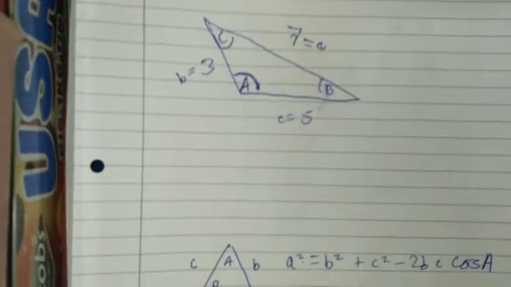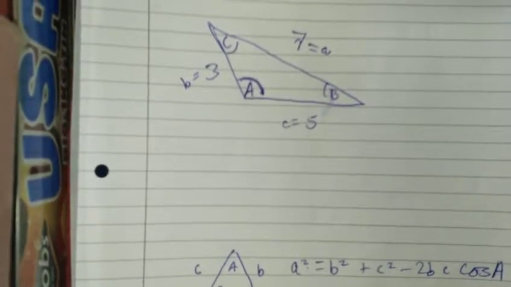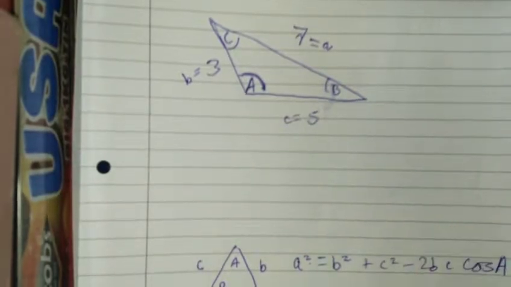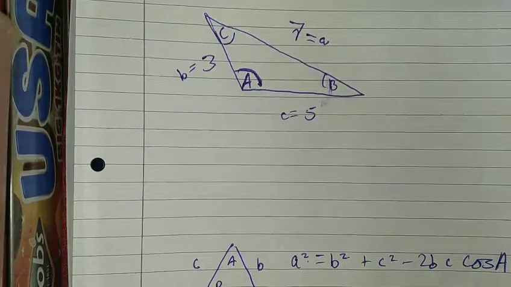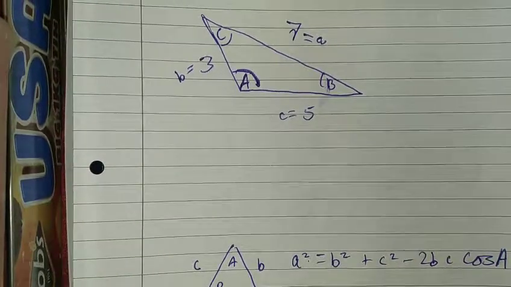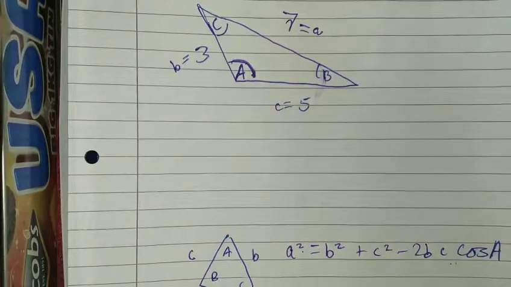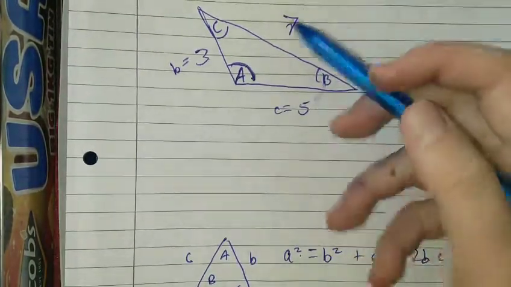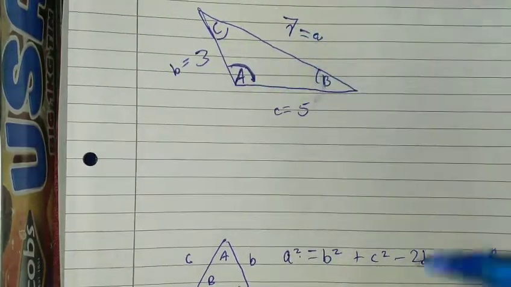So if we were to plug this into our formula, so the angle is what we want to figure out. We can rearrange this to get our angle in front, or we can just plug everything in and then rearrange it after. So the side that goes in front is going to be the side opposite the angle that we're dealing with.